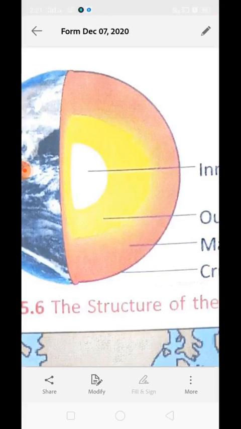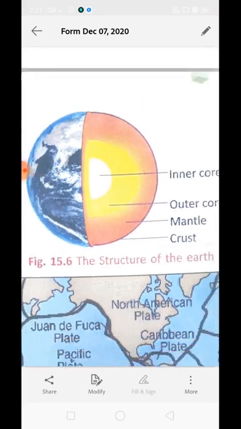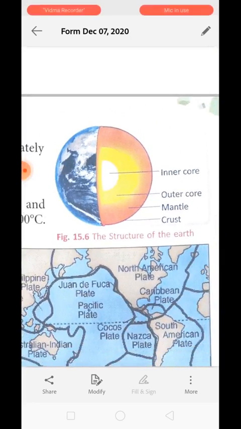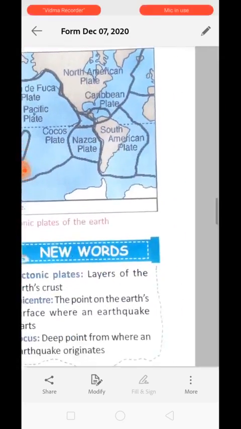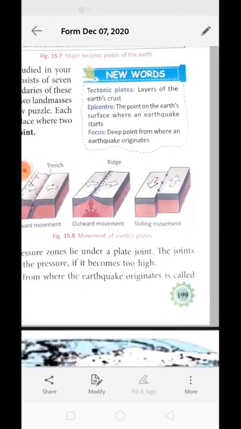The plates are in continuous motion because of the pressure developed due to convection current in the mantle just below the crust. Sometimes the pressure zone lies under the plate joint. These joints are weak areas and are not able to bear the pressure. Just see over here.